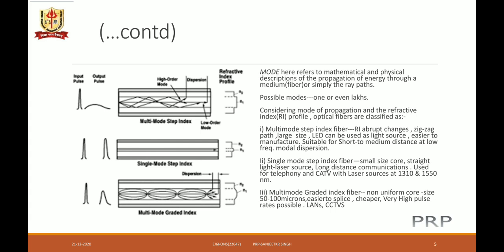In the adjacent figure we see the refractive index profile. Since the refractive index profile is sharp, it bends the light injected into the core and the light is traveling in zigzag path, and the core is of larger diameter.